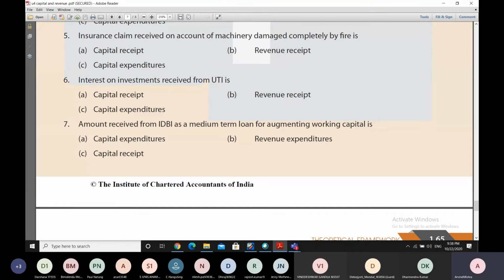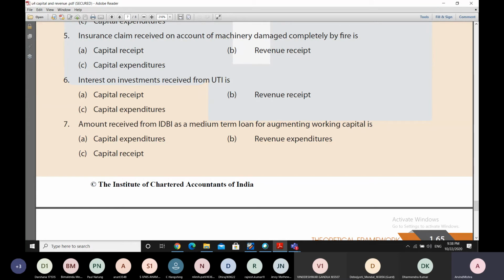The amount which is received from IDBI as a medium-term loan for augmenting the working capital. IDBI is an agency which gives loans. Now here, it's very interesting to see that working capital is being augmented not on the short-term basis, but on the medium-term basis.